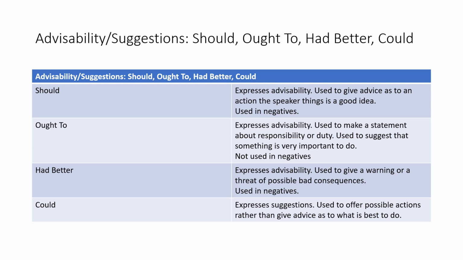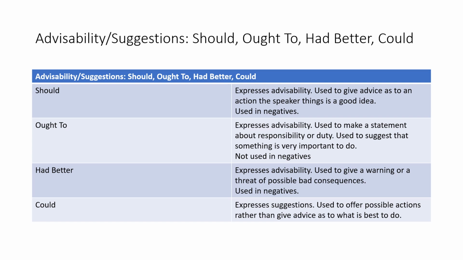But could is used to express suggestions. What it is used for is it's about possible actions. So someone is maybe asking for advice or is having a problem, right? I'm getting a bad grade in class. You could say, you could go and talk to your teacher, or you could get a tutor, or you could drop one class so that you have more time.